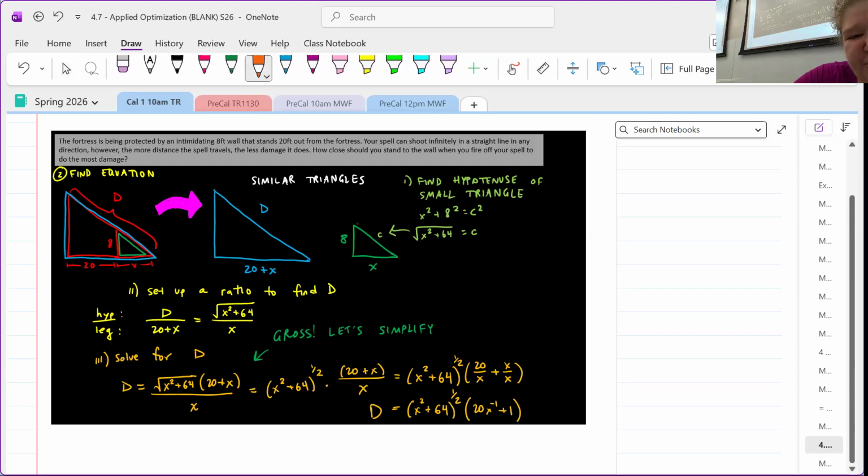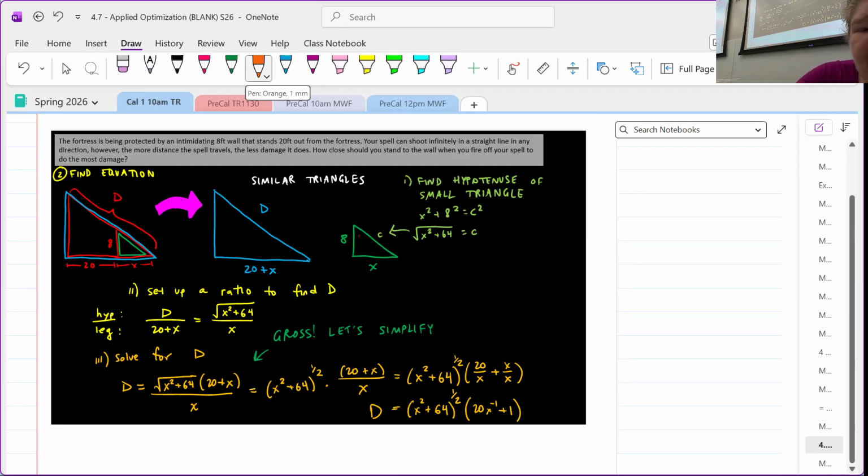So in our smaller triangle, I have the length of the hypotenuse, c: x squared plus 8 squared equals c squared. So I have a formula for that smaller distance. Then my larger triangle, so there's two triangles, the small green one and the large blue one.